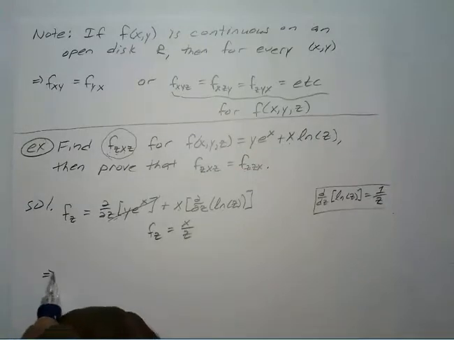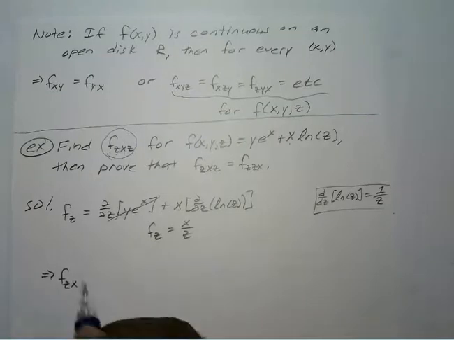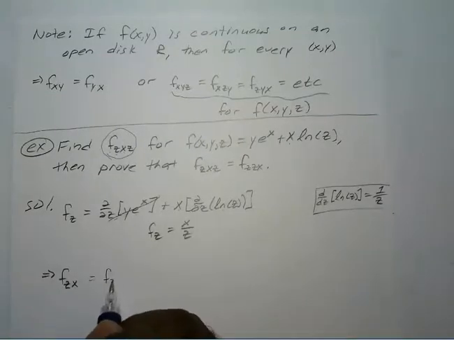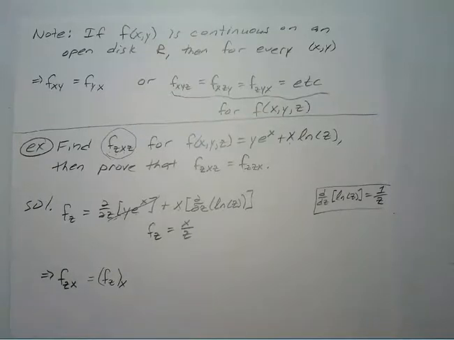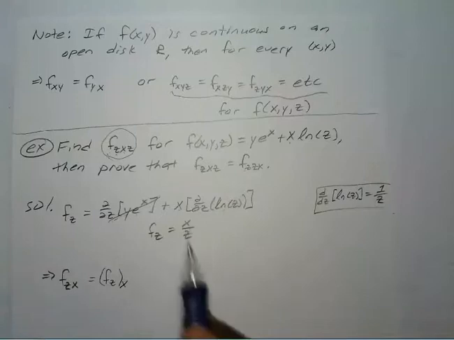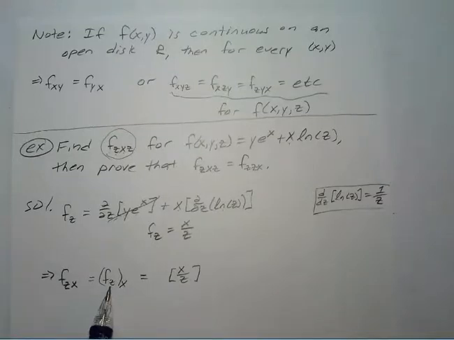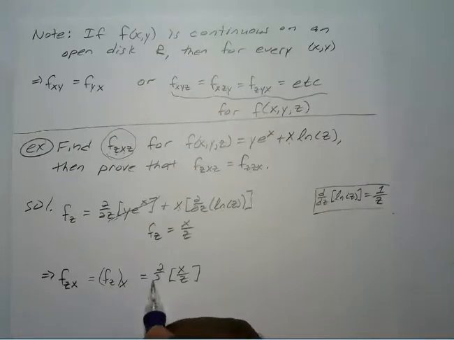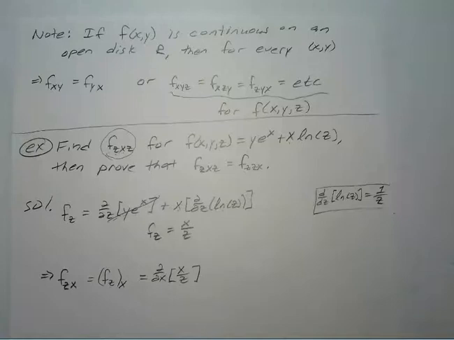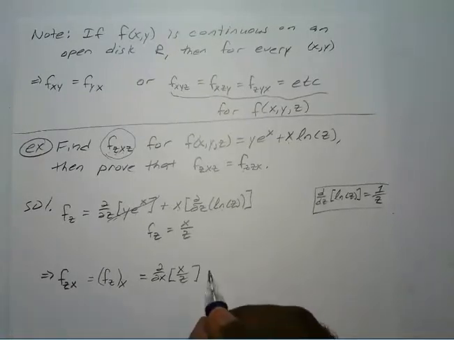So the partial with respect to z, x is the partial of x over z with respect to x. Again, the z is considered a constant, so we can pull that out.